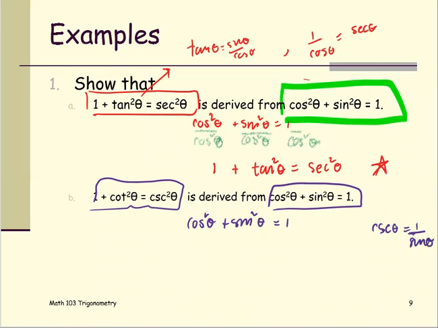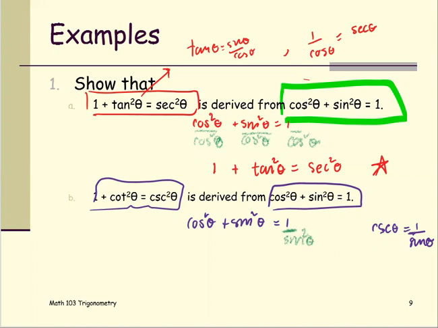If you make the right-hand side cosecant squared, by dividing by sine squared theta, you will get the cosecant squared theta.